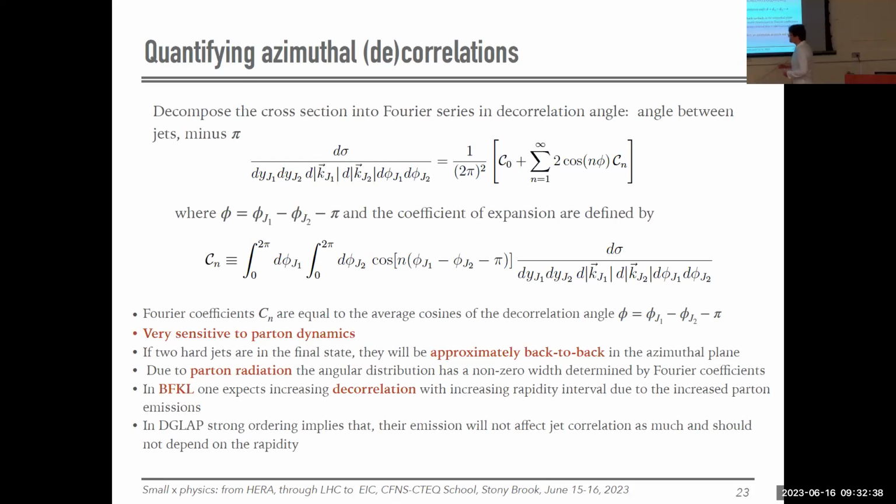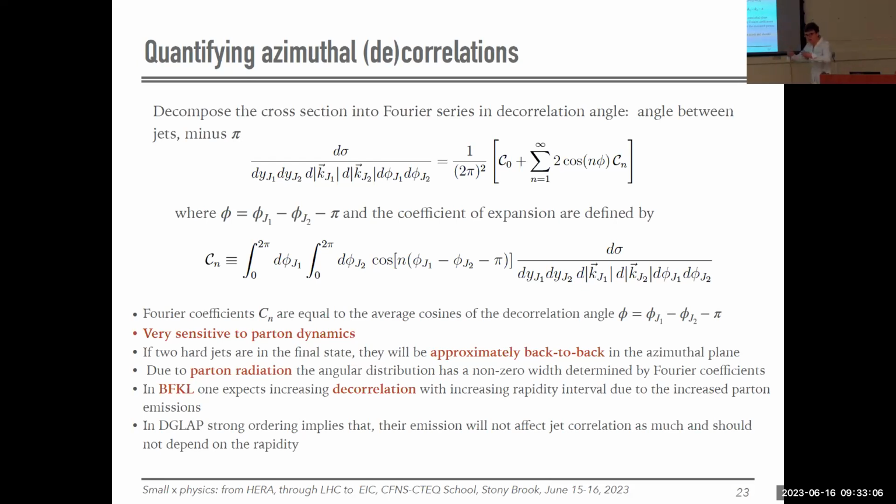If there are only two hard jets in the final state, you would expect them to be approximately back-to-back in the azimuthal plane. But because you have parton radiation, this will lead to an angular distribution which will have non-zero width, okay? And then the shape of this angular distribution is determined by these coefficients, right?